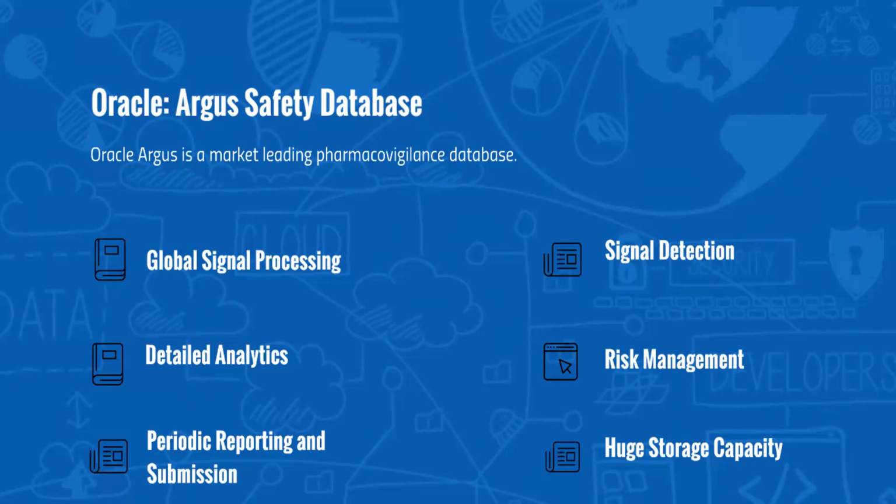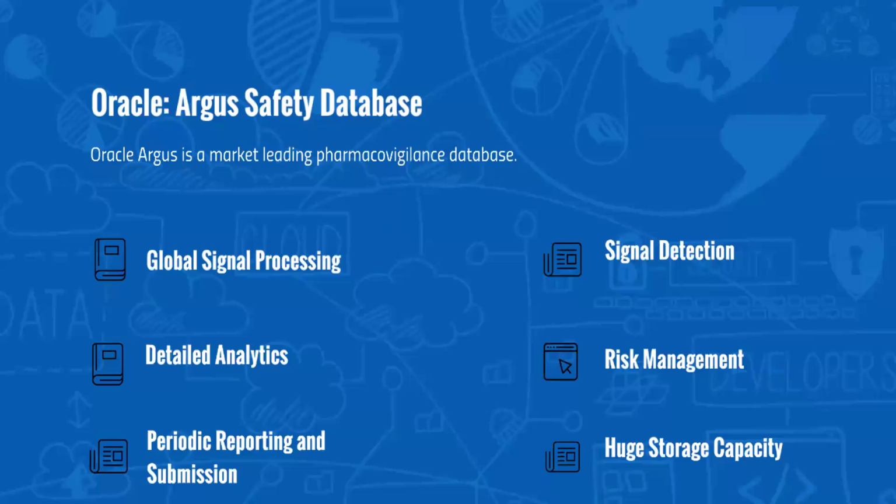What are the features of Argus? Global signal processing, signal detection, and detailed analytics. Okay, because they have the functionality of Oracle Analytics itself, that will give you everything, such as how many cases need to be reportable, how many cases are logged, and how many cases are still pending in workflow.